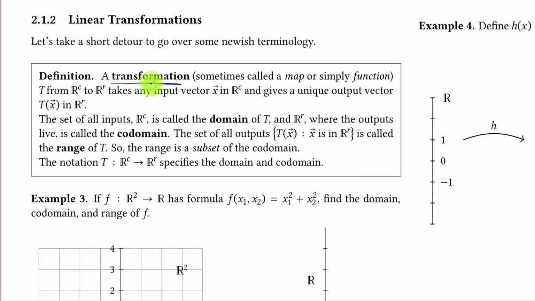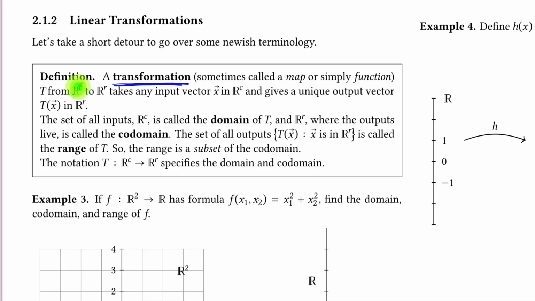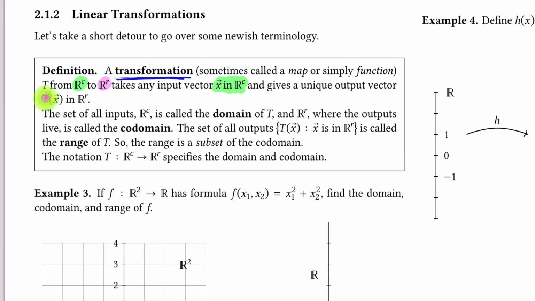So a transformation, which is sometimes called a map or sometimes simply a function, a transformation T from R^C to R^R takes any input vector x in R^C, so any vector with C entries in it, and gives a unique output vector T of x in R^R. It gives you a vector with R entries in it.